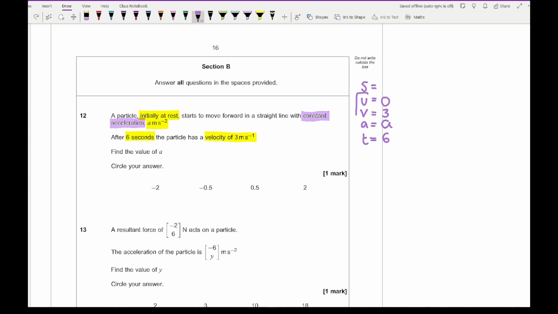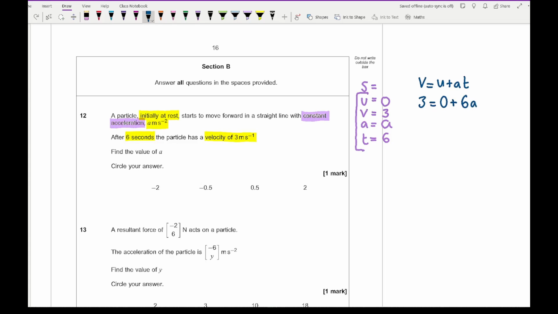So using those 4 variables, we identify the Suvat equation that has u, v, a and t. And for that Suvat equation, we're using v equals u plus at. We're wanting to identify a, so your 2 options are to substitute values in that we have. 3 is equal to 0 plus a times t, so 6a.